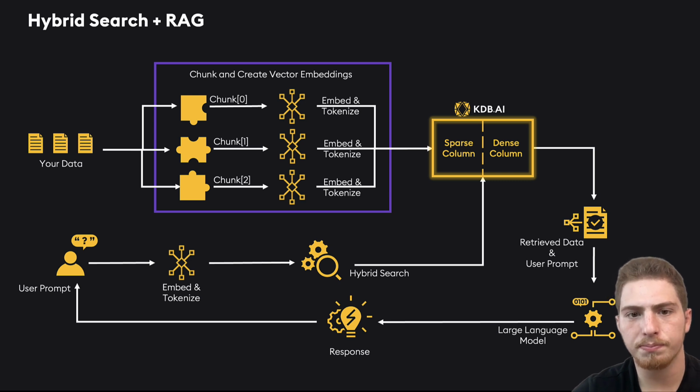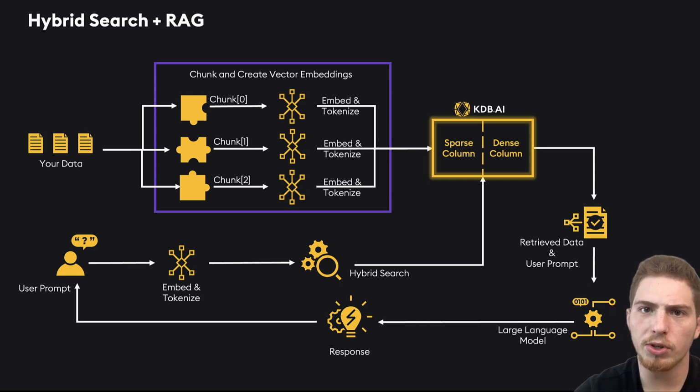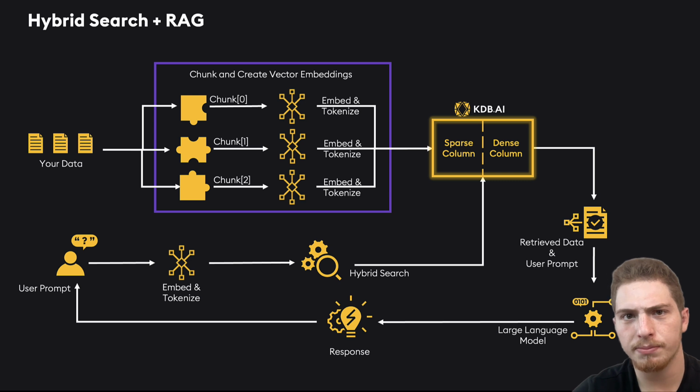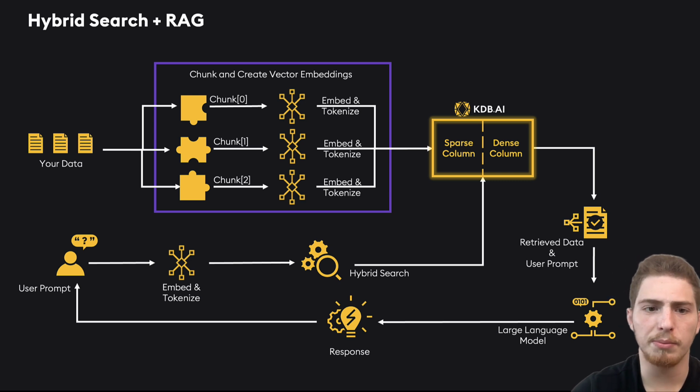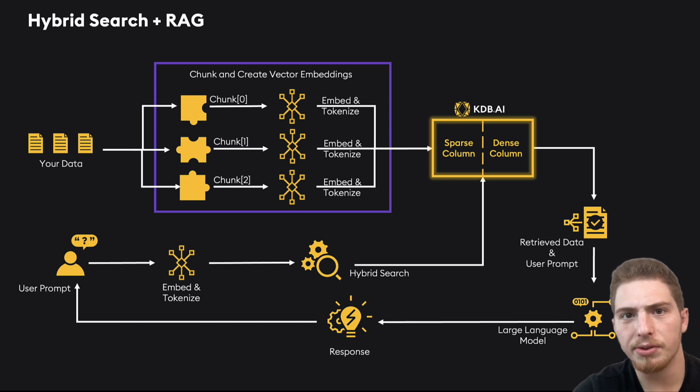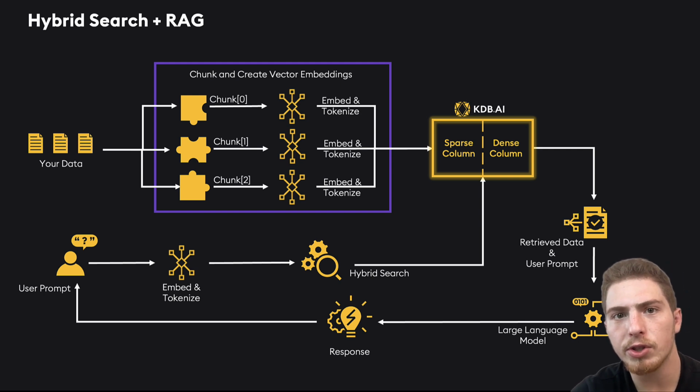We do a hybrid search on the database, we return the relevant data, and then we can insert it into a large language model. And the interesting thing about large language models is if you're using an agent, they can dynamically decide whether you should use a keyword search or a semantic search based on the query. And this is something that is actually really interesting because they can do this extremely quickly. And I've seen APIs that have a neural parameter where you could decide, do you want a neural search? Do you want a semantic search?